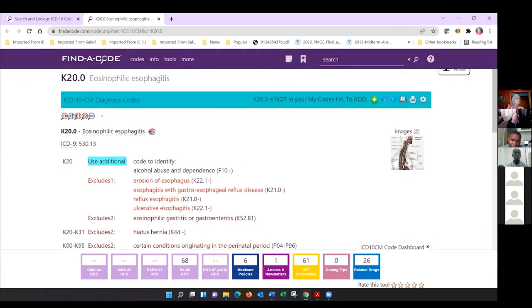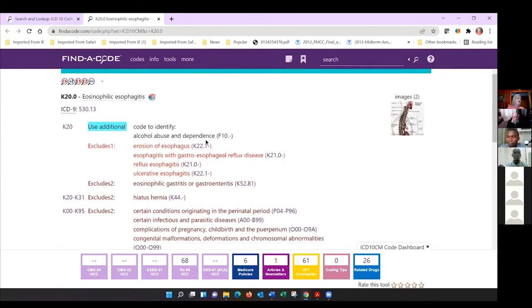But I've got to learn because I'm a new coder. I'm putting myself in your place. And by learning, when I open it up, I see that I have a lot of instructional notes. It tells me to use an additional code to identify alcohol abuse and dependence. I didn't have any of that.